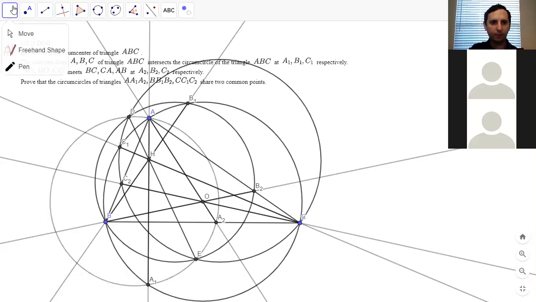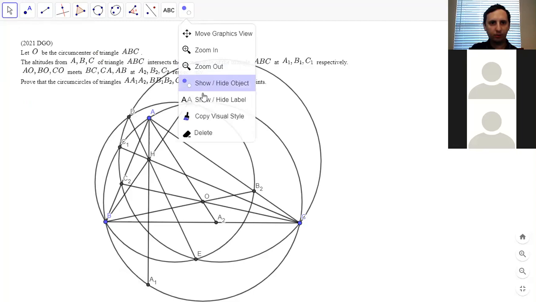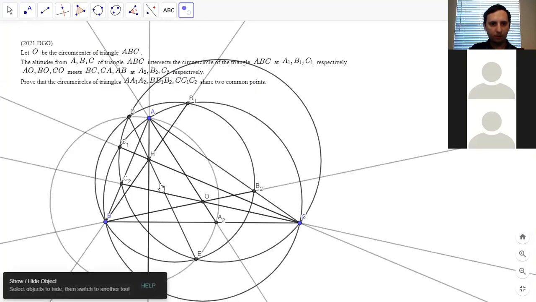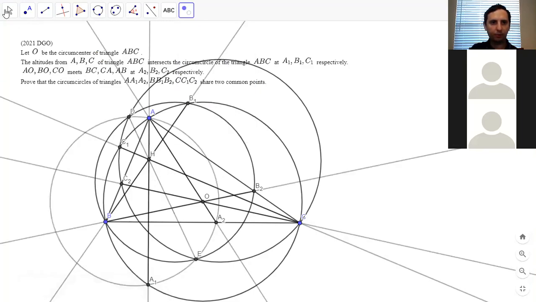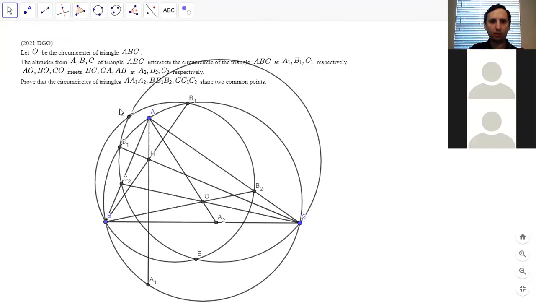If we just drew these two circles, could we show that it passes through H? And then it would be true for the other pairs, and there would still be one more step: we'd have to show it's the same line. So can we show, does H have the same power with respect to those two circles?